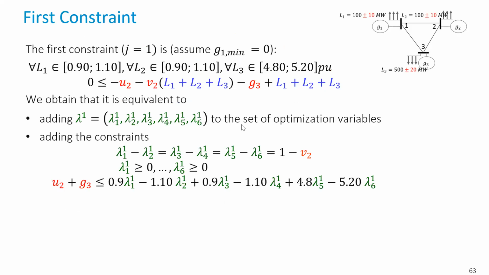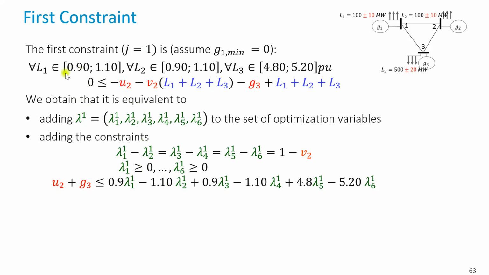For example, the first constraint is this one here. I add one vector of Lagrange multipliers. Remember that the dimension of the Lagrange multiplier is given by the number of inequality constraints on the disturbance. So here I have 6, so my vector is of dimension 6. So I add, for one inequality, one vector lambda 1, and I create the dual problem.